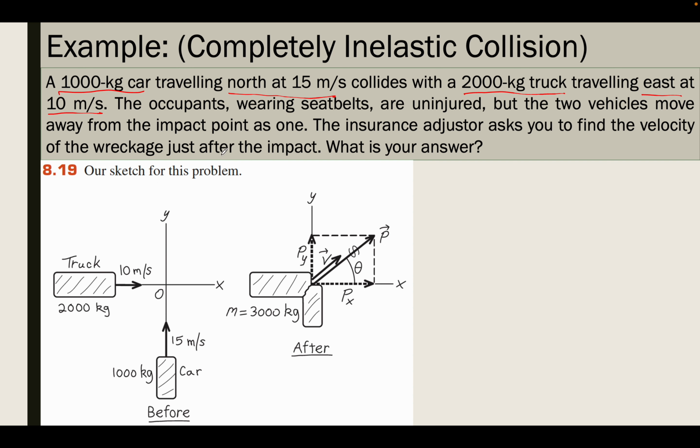The occupants wearing seat belts are uninjured, but the two vehicles move away from the impact point as one. So the insurance adjuster asks you to find the velocity of the wreckage just after the impact. So what is your answer? Or what is the velocity just after the impact?